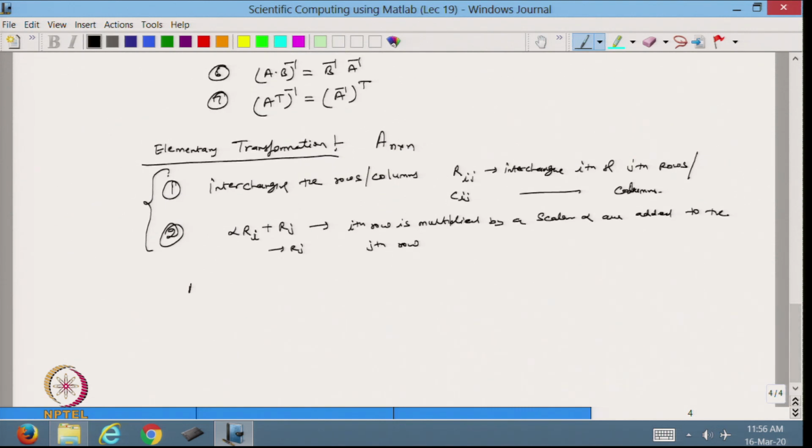Let us do it like this. Suppose I have a matrix A, and let us take this matrix: 1, 2, minus 1; 2, 3, 1; 0, 1, minus 1. Now suppose I apply the operation R12.